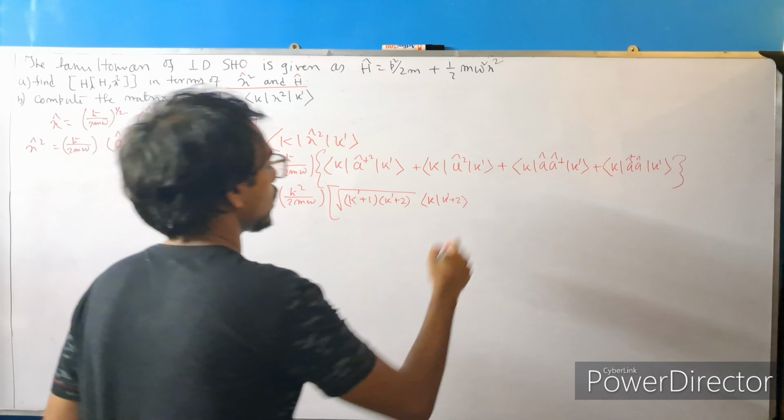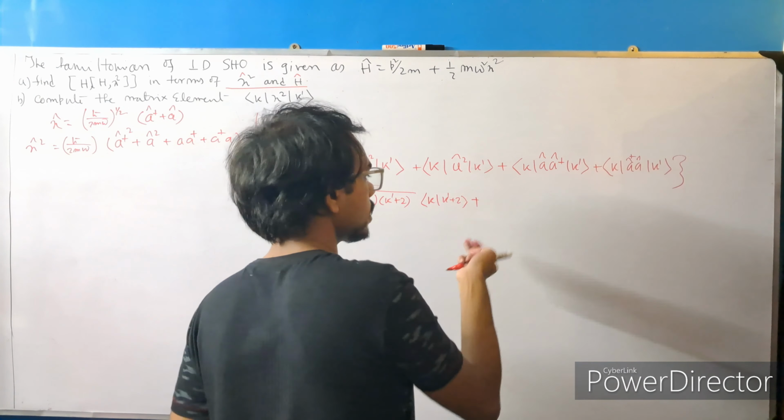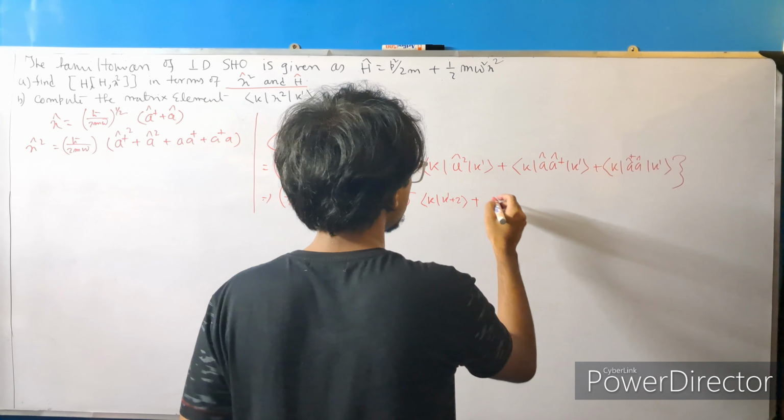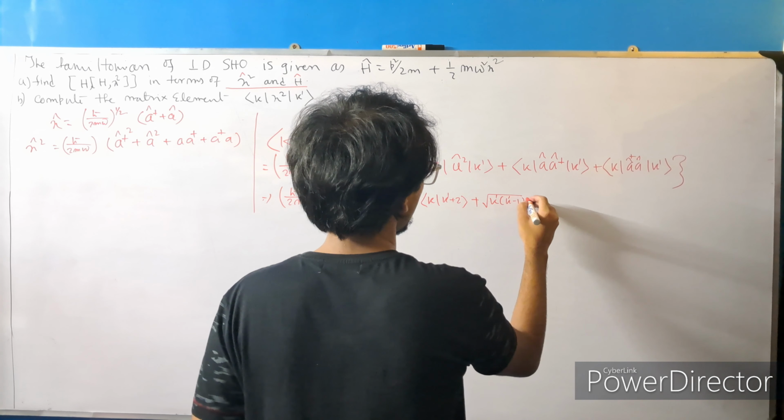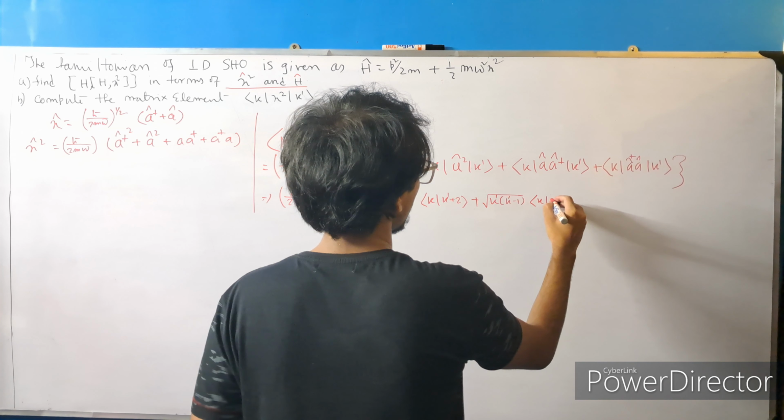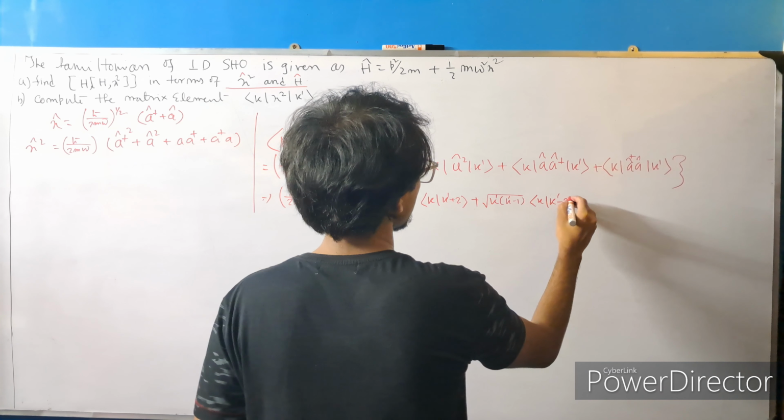Fine. After that, if a is going to operate on k prime twice, then root over of k prime minus 1, k prime, inner product of k with k prime minus 2.